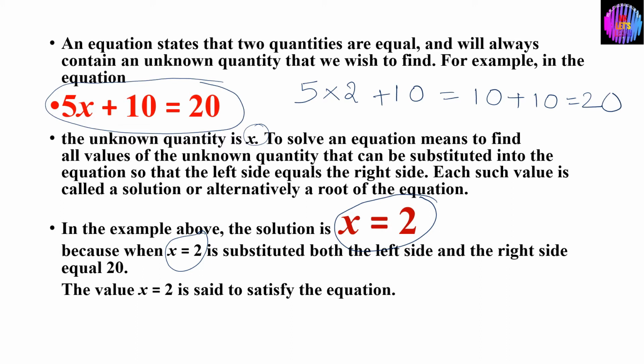So the value x is equal to 2 is said to satisfy the equation. What is the root of this equation? The root of the above equation is 2, because the value of x is 2.